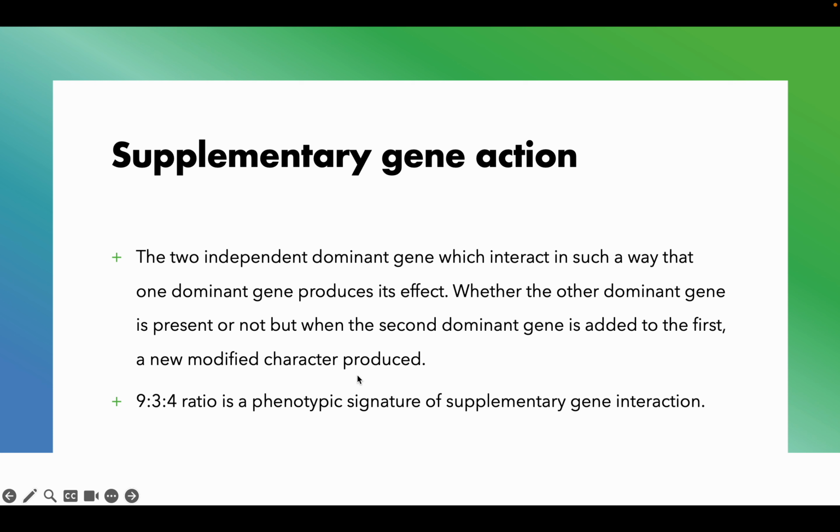In duplication, when both of them are present, we still get the same phenotype, and when a single one is present, we still get the same phenotype. But in supplementary, we get one phenotype with one gene, but when the other gene is also dominant, the expression is changed, and the ratio that we get is 9:3:4, which is the same as the recessive epistasis.